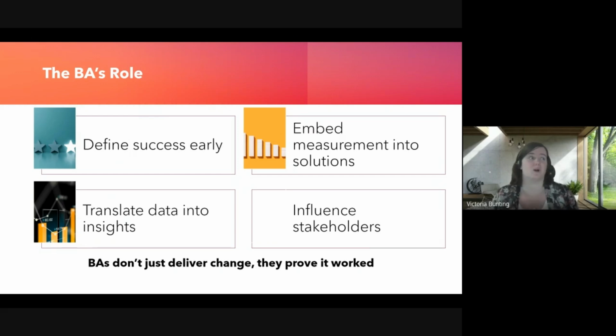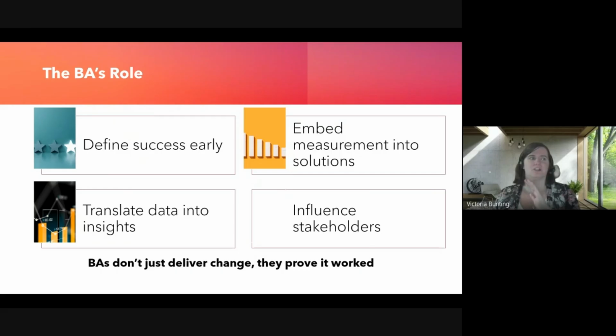And we can influence what happens next. If we don't define success, someone else will, and usually too simply. Especially when we've been working under the hood of these projects, it's really worthwhile us helping define that success, because we know what the actual business requirement is.